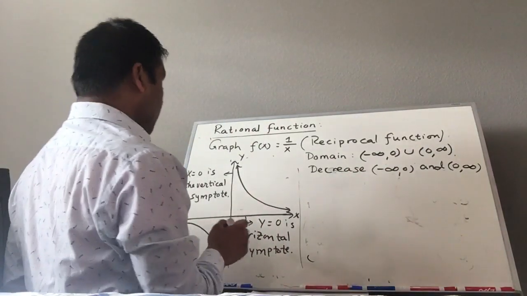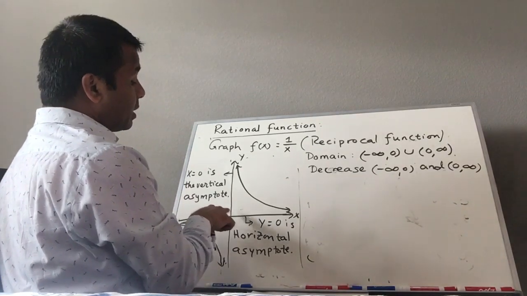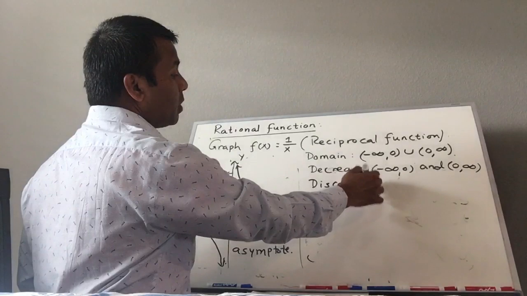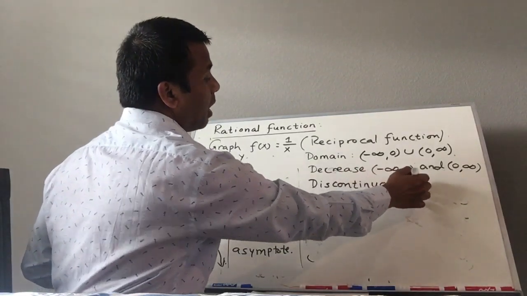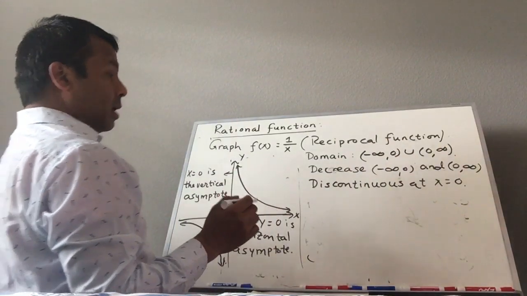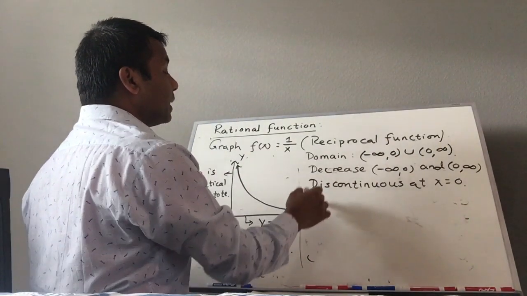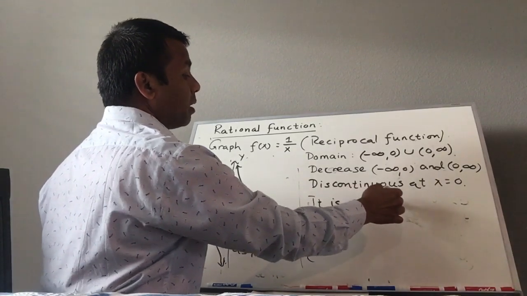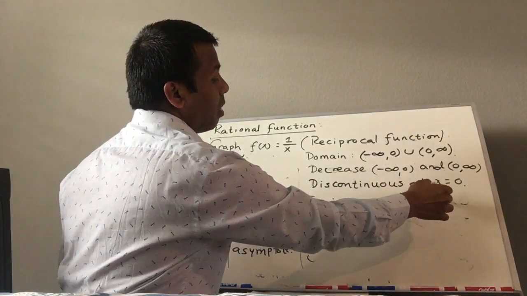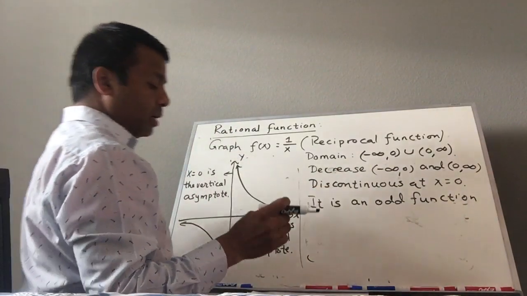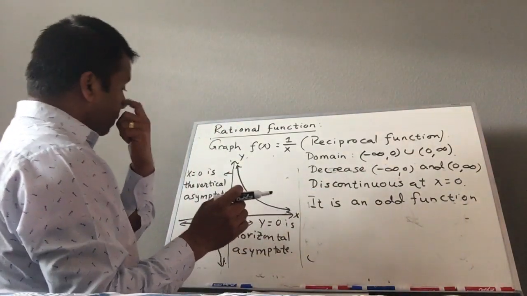And you see the graph is discontinuous at x equal to 0. This function is an odd function, and symmetric with respect to the origin.